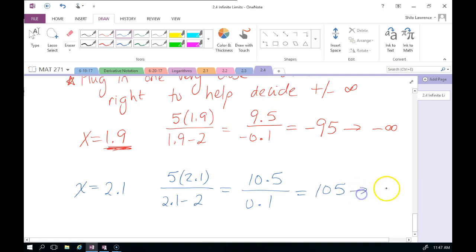So on the right, it's going to positive infinity. On the left, it's going down. On the right, it's going up. Those two pieces are not doing the same thing. And because our two pieces are not doing the same thing, we would say the limit does not exist.